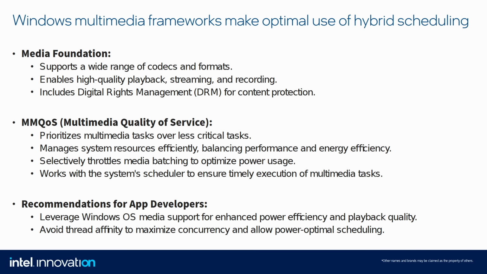One key aspect is to avoid thread affinitization, which we discussed in the last slide as well. This strategy maximizes concurrency, allowing the kernel to schedule work execution in the most power optimal way. By not restricting threads to a specific core, the system can better manage resources and improve overall performance.